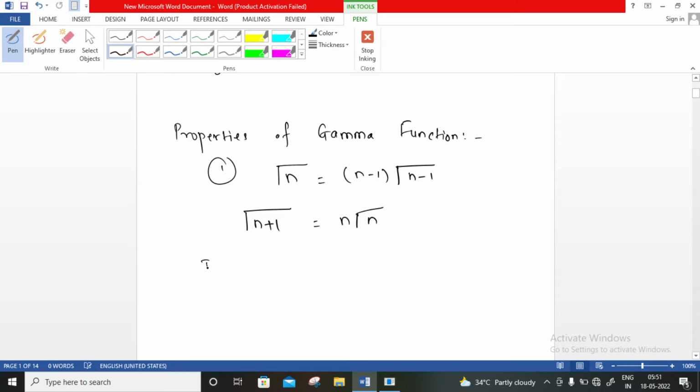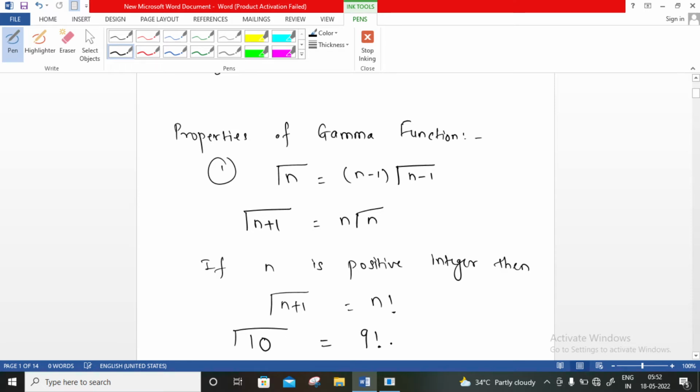And if n is a positive integer, then the value of gamma n plus 1 is n factorial. It means if you have to find the value of gamma 10, you write gamma 10 as 9 factorial.